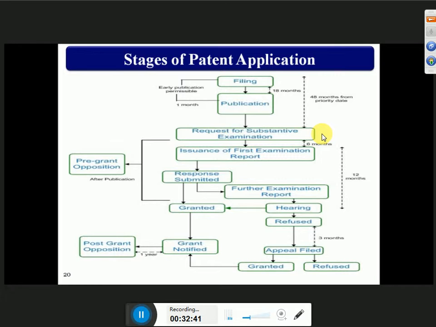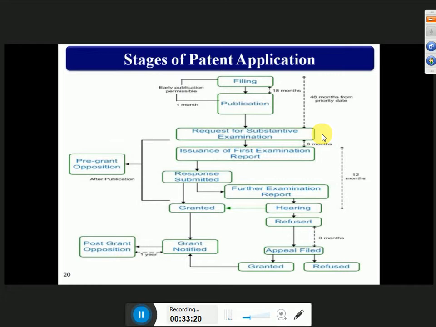After this grant is notified to me, as well as the patent being published on the IPC India website, even after that, the Indian Patent Office says one can file a post-grant opposition. Someone can oppose that this patent cannot be given a grant because there is a problem at a particular point. So after the opposition, finally again the appeal is filed and granted or refused.